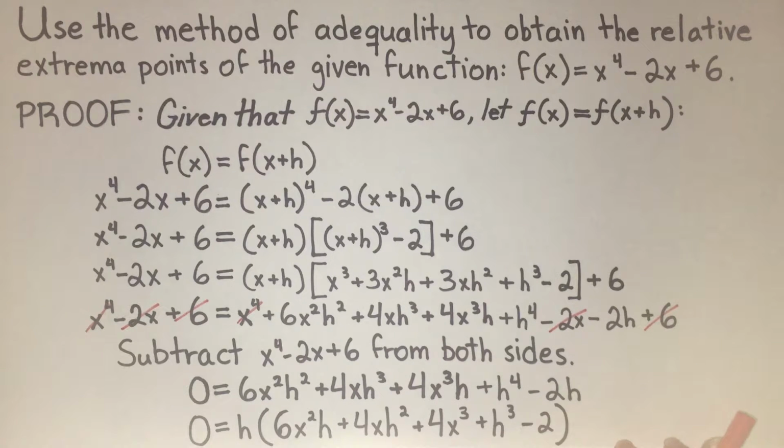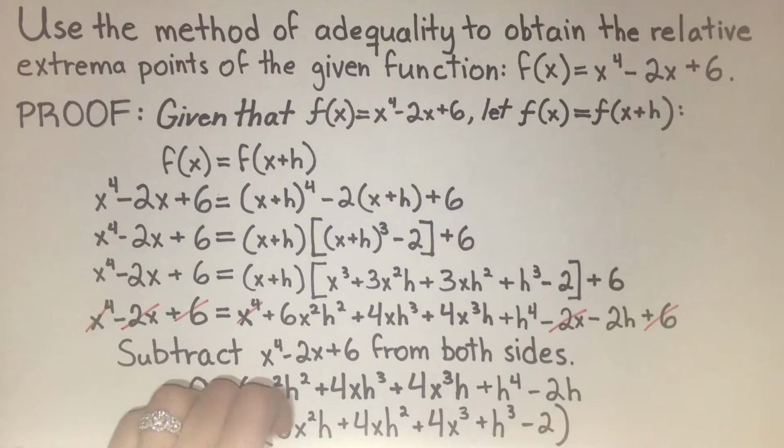Okay. So then we have a common variable, h, so we can factor out h, and it gives us h times, open parentheses, 6x squared times h plus 4x times h squared plus 4x cubed plus h cubed minus 2.